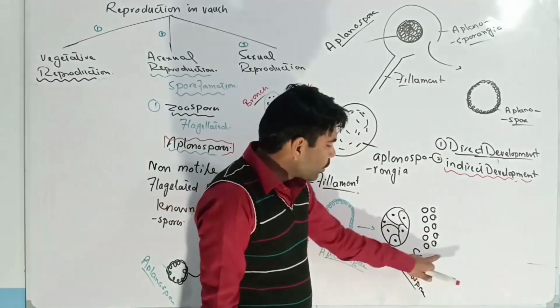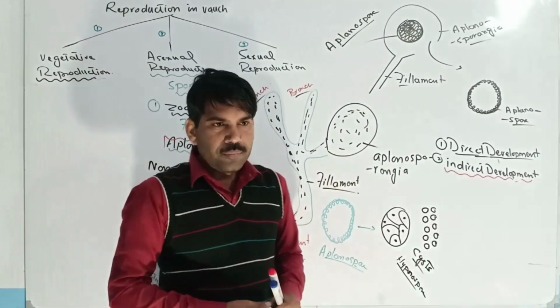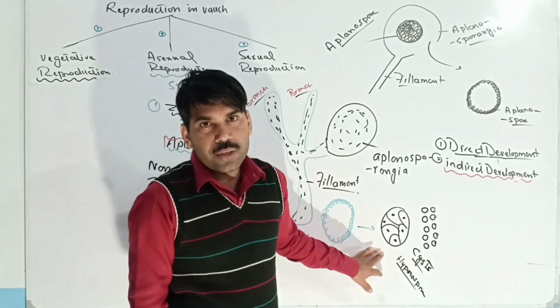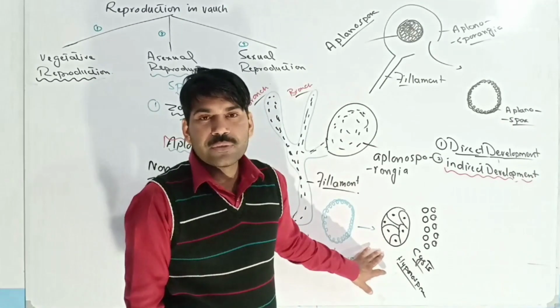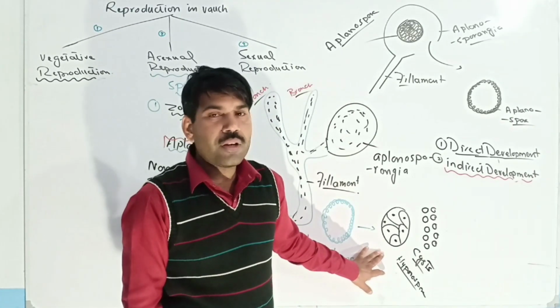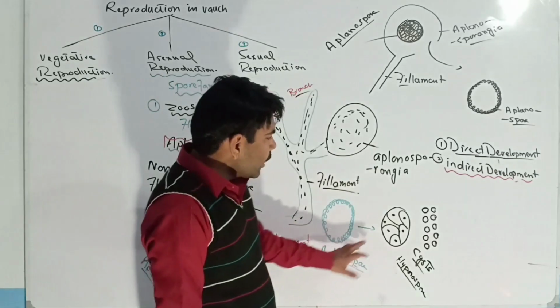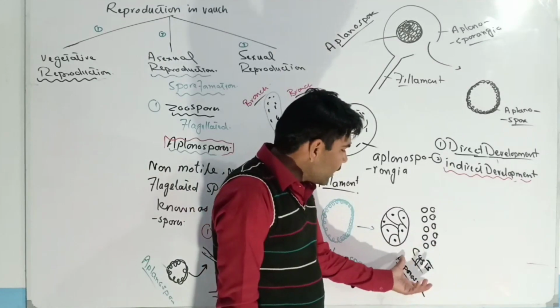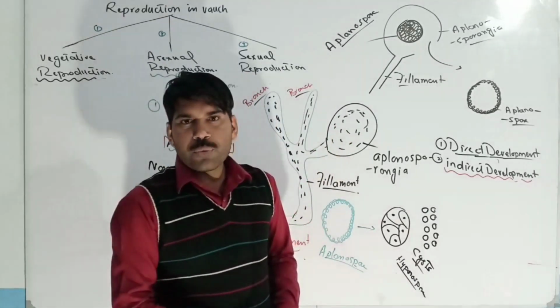These hypnospores or cysts are formed in the indirect development. Basically, it occurs during desiccating as well as very low temperature conditions, or harsh conditions. Due to separation of the protoplast, many cysts or hypnospores are formed.